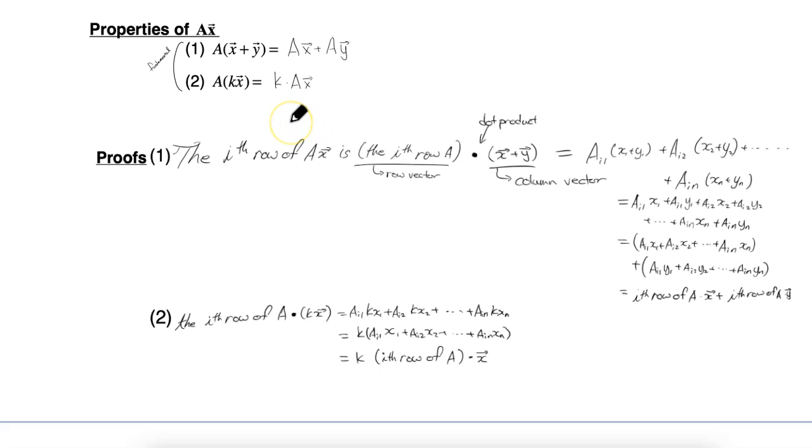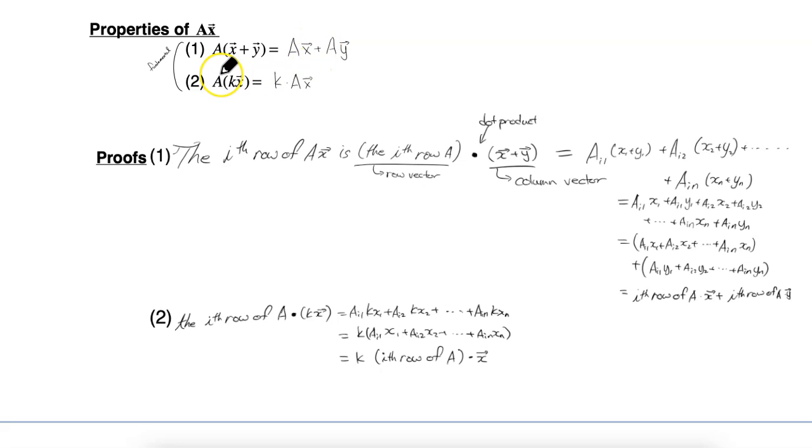So what are some of the properties of the vector Ax? This is fundamental. It's something that we're going to use over and over again, and actually it is what defines linear algebra. If you multiply a matrix A with the sum of two vectors, it is the same as multiplying first and then adding.